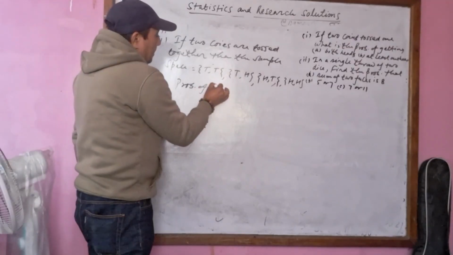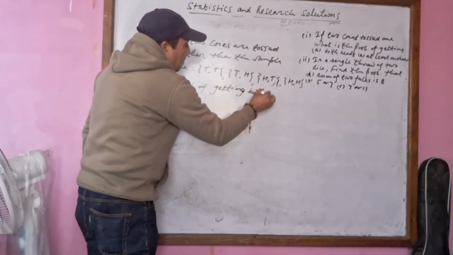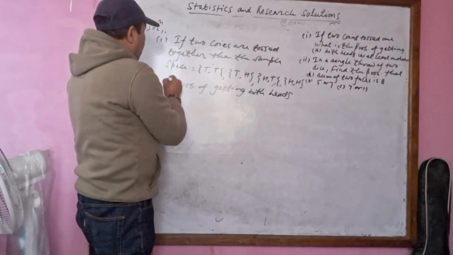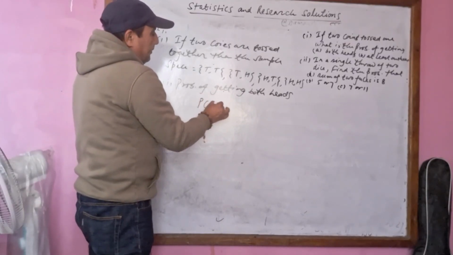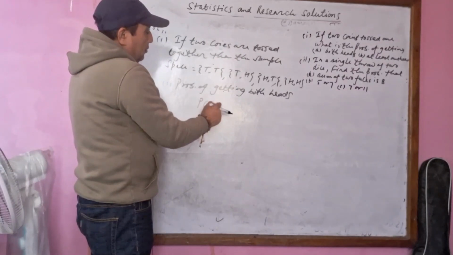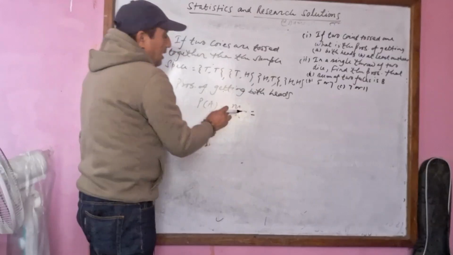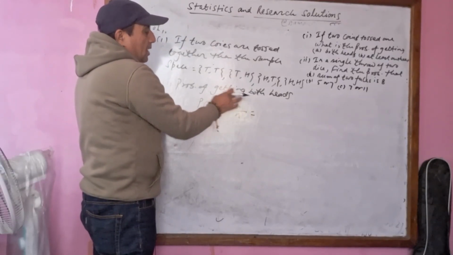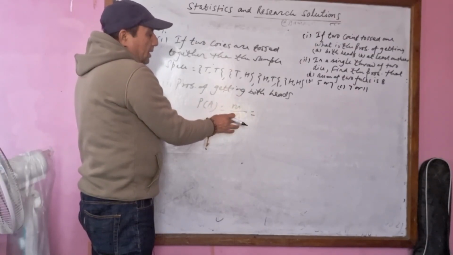Suppose that event is A. So P(A) is equal to m upon n, this formula from the mathematical definition of probability. m is the favorable number of cases, n is the total number of cases.